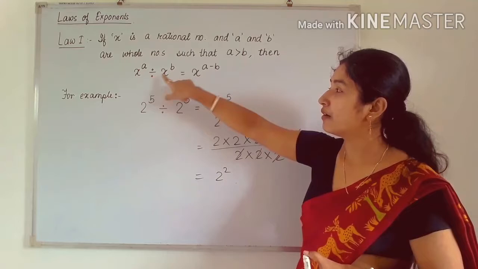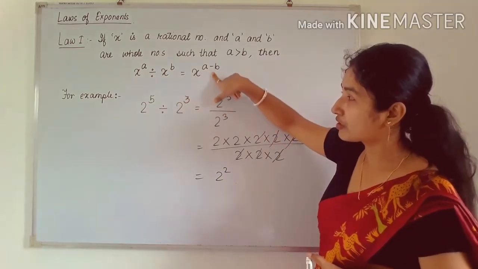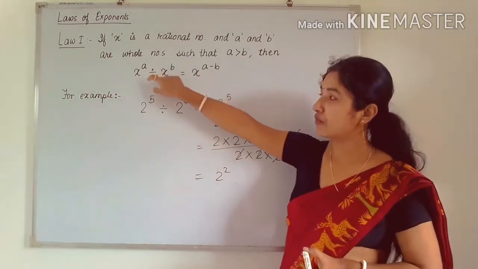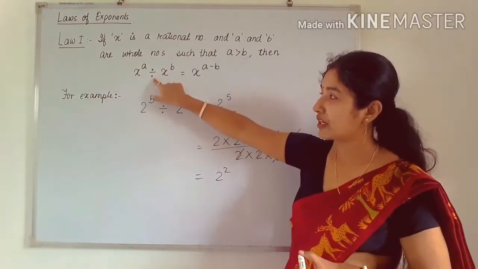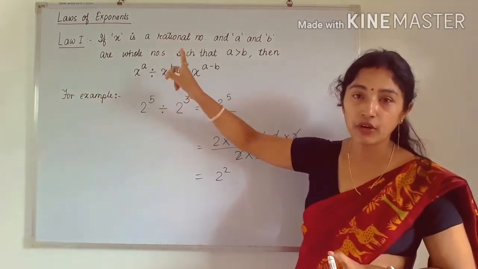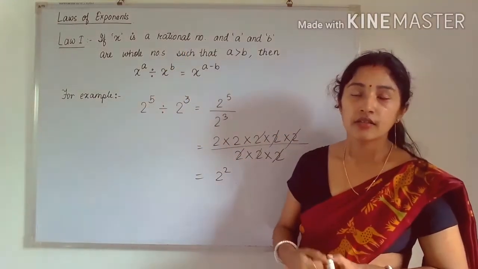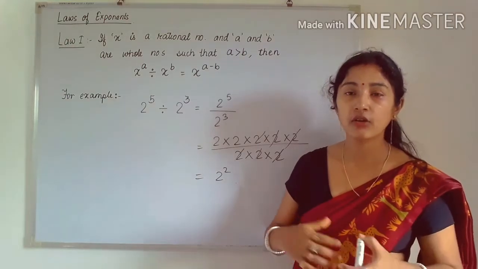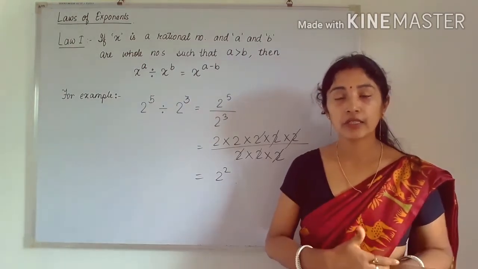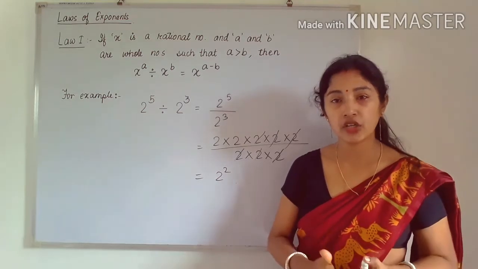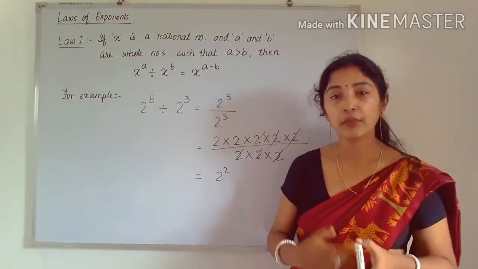So here we can do subtraction. Whenever there is a division symbol, we have to subtract the powers. Whenever there is a multiplication symbol, we have to add the powers. You can remember it like this: whenever we do multiplication, the answer becomes bigger than the previous number. Similarly, when we do addition, we also get a bigger number.